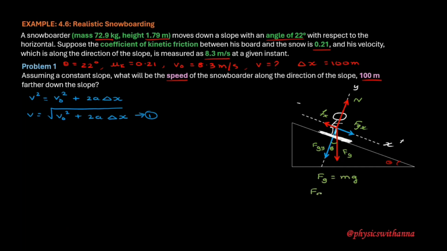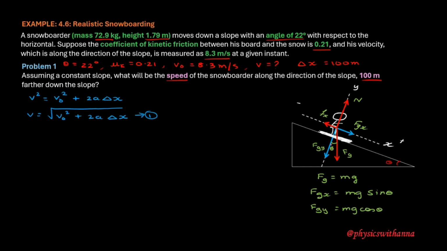So we can write the x component Fgx as mg sine theta and the y component as mg cosine theta. Because it is the y component that is making an angle theta with Fg, it is the side adjacent to theta, therefore it will be related to cosine theta, whereas Fgx is away from the angle theta, so it will be associated with sine theta.